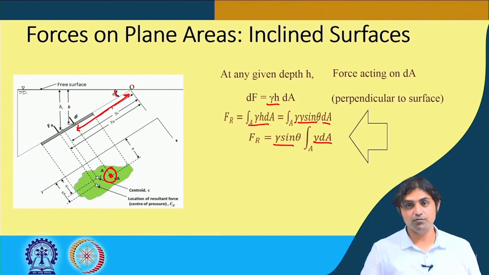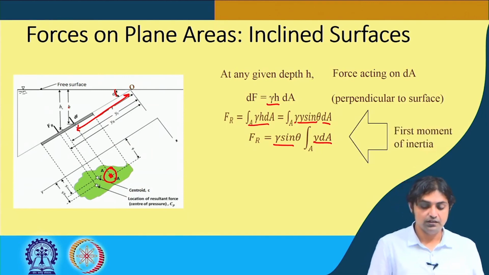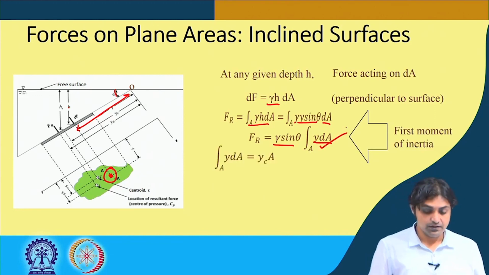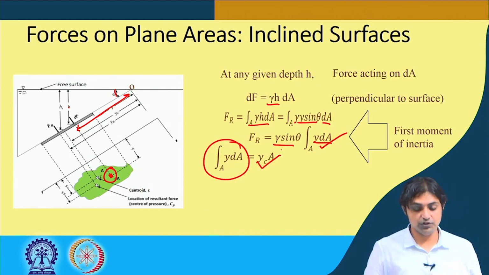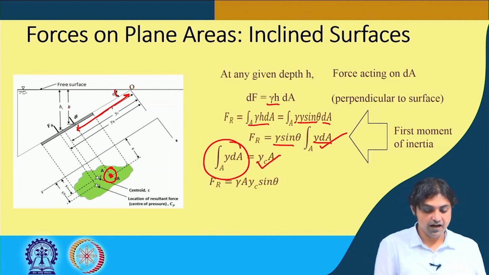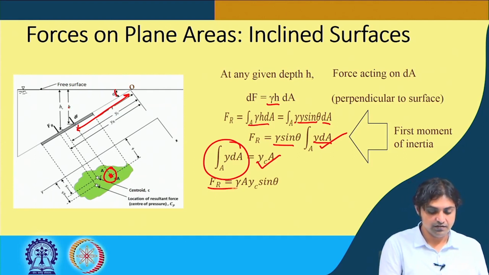If you remember from your earlier classes, this is the first moment of area, and the integral y dA can be written as yc into A, where yc is the location of the centroid of the object. So FR equals gamma A yc sin theta.